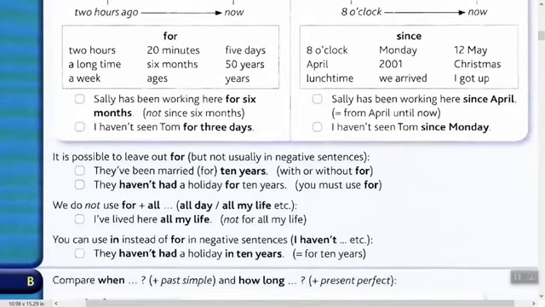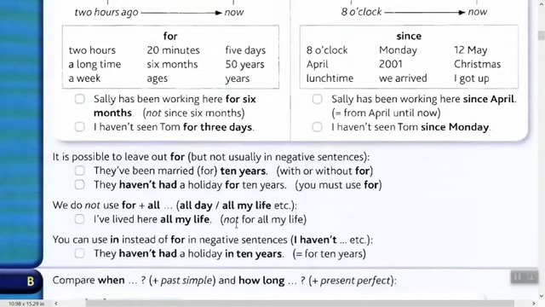Number 3, we don't use for plus all. If we have all day, all my life, all the day, we don't use for. For example, I've lived here all my life. All my life, not for all my life.